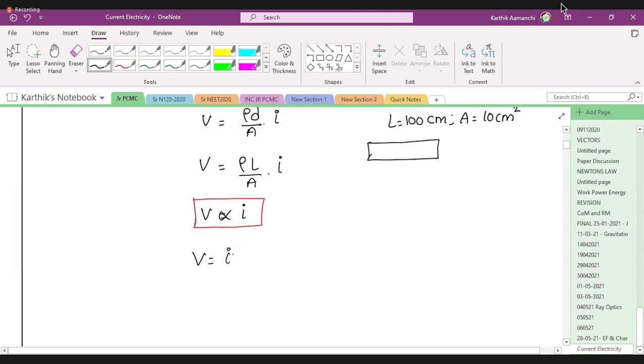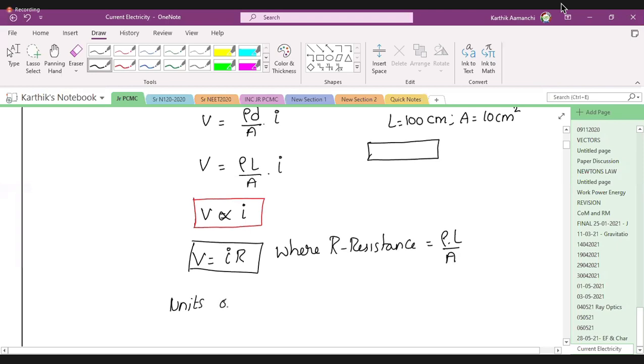So V is equal to I into R, where R is called your resistance, which is rho L by A, and the unit of R is volt by ampere, which is called ohm, denoted by a Greek letter. Clear?